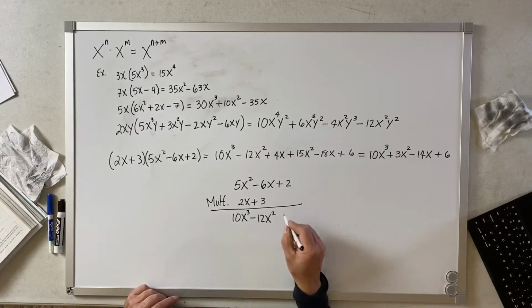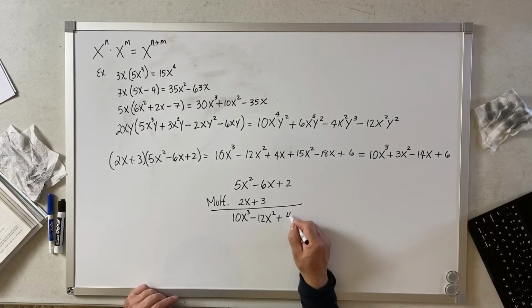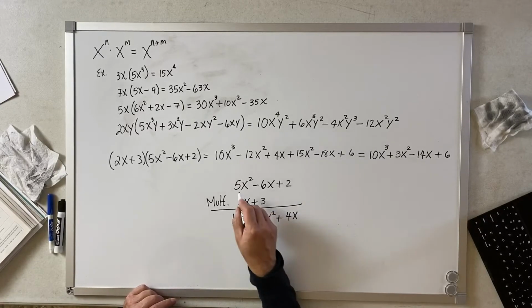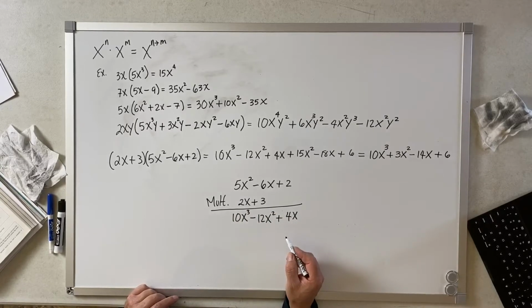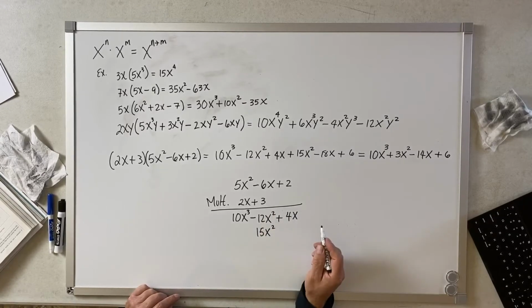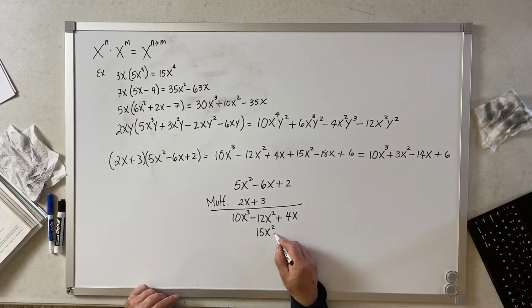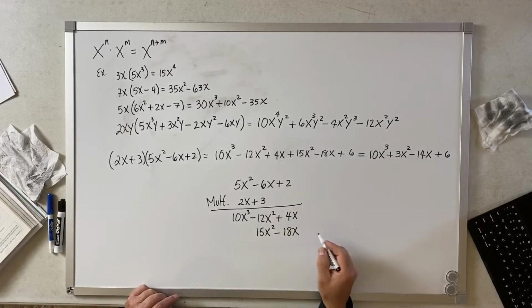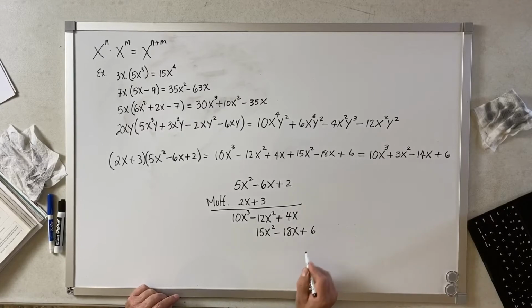And 2x times 2 is going to be plus 4x. And now 3 times 5x squared is going to be 15x squared. And then 3 times negative 6x is going to be negative 18x. And then 3 times 2 is going to be plus 6.